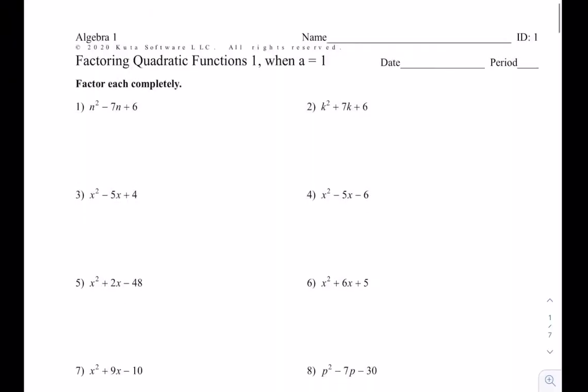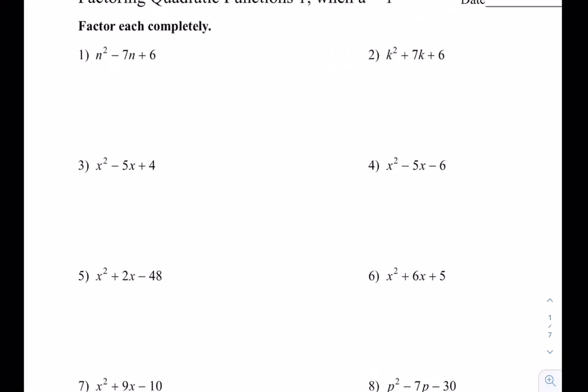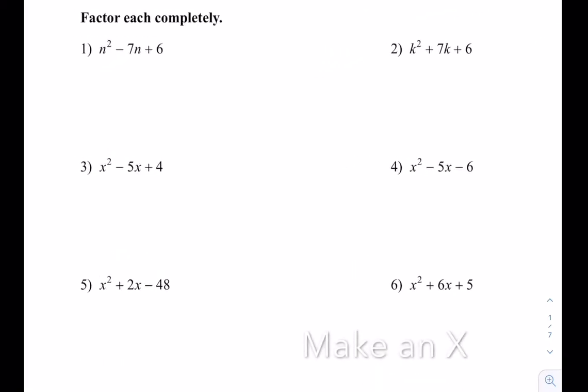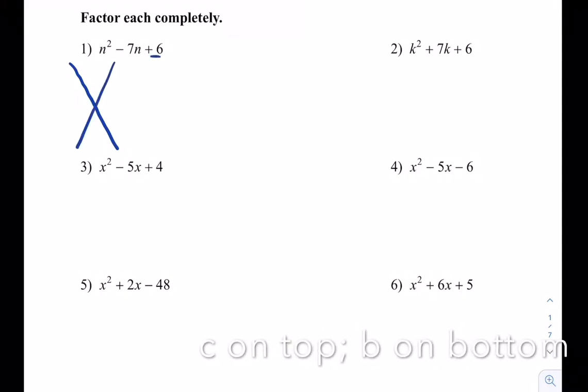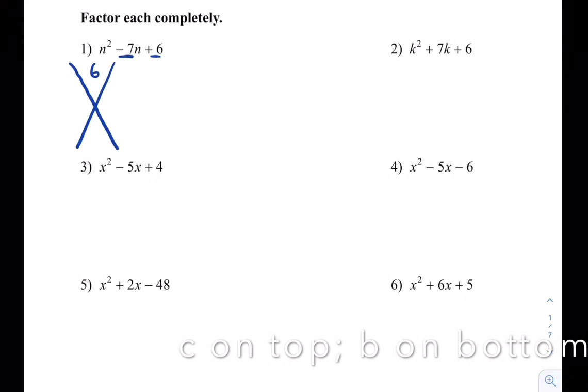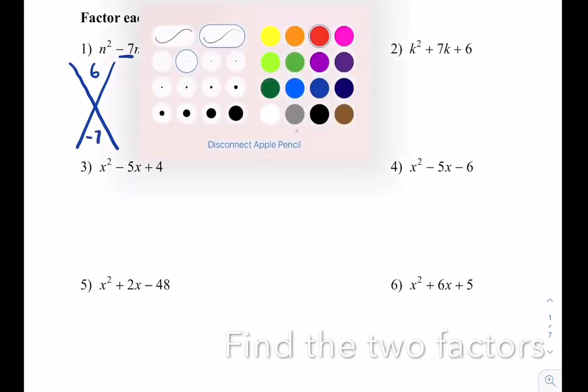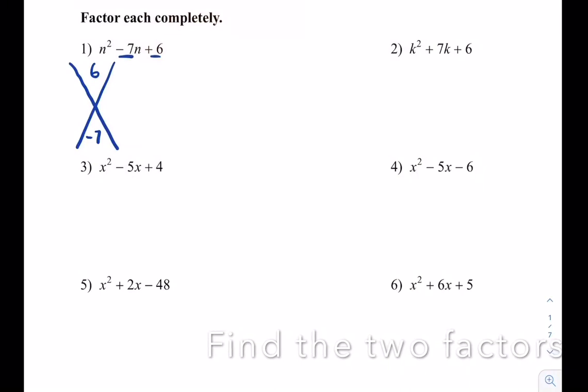Okay, so let's do a couple examples. Let's do number 1, the first one. Okay, factor each completely. So again, we start with our x. Put our c number on the top, our b number on the bottom. Two factors that multiply to 6, add to negative 7.